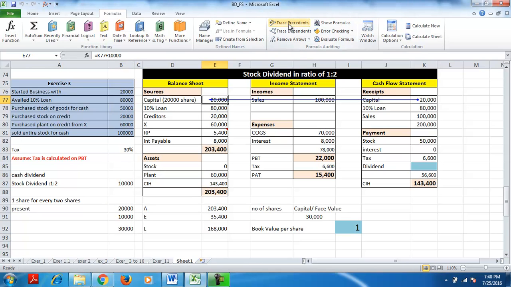So the declaration of dividend in the form of stock dividend reduces the retained profit from 15,400 by 10,000, and the increase to the extent of 10,000 has happened in the capital. The stock dividend increases the capital and reduces the retained profit.